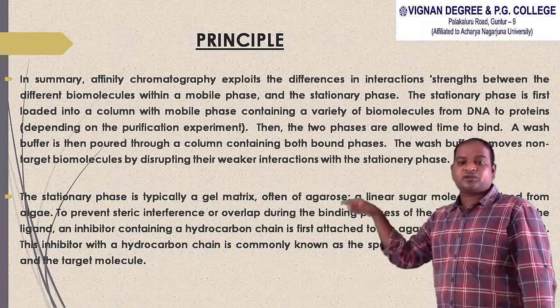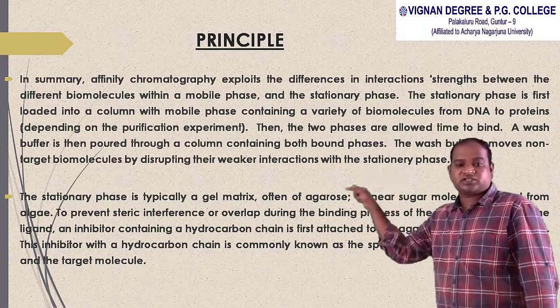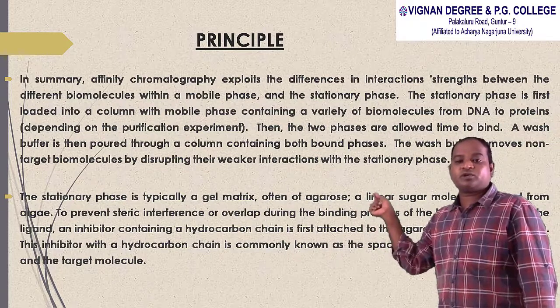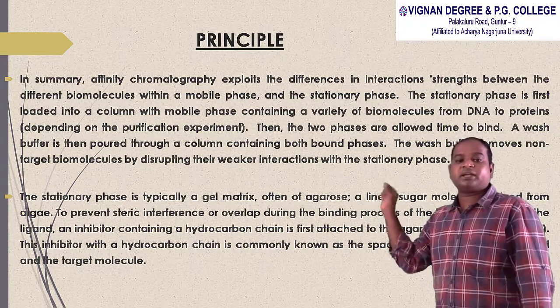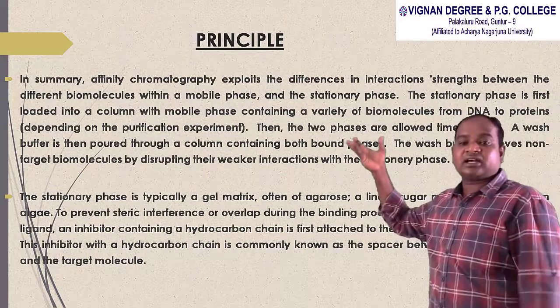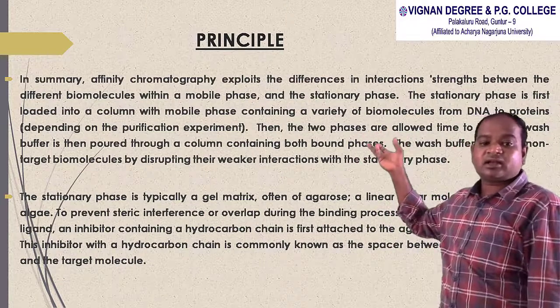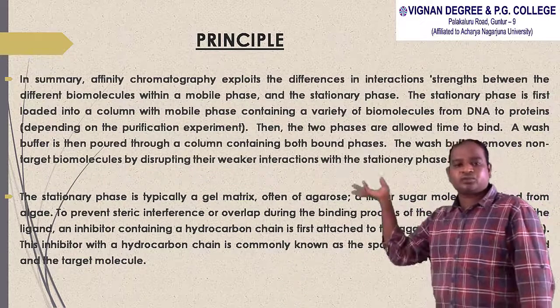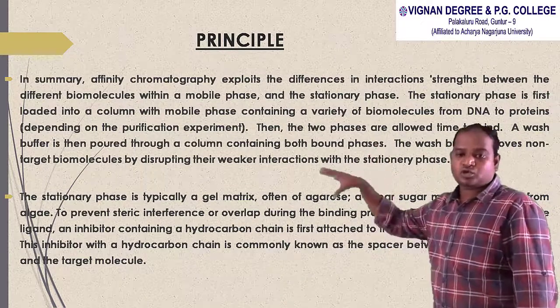By using this solvent, we slowly add the stationary phase into the column, with the mobile phase containing a variety of biomolecules from DNA to proteins depending upon the purification experiment. To that solvent, you directly add the molecules to be separated, that may be enzymes or hormones or DNA or proteins.